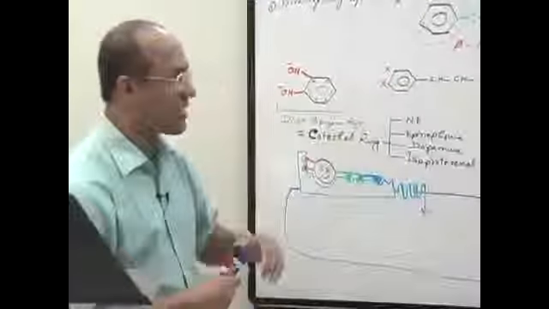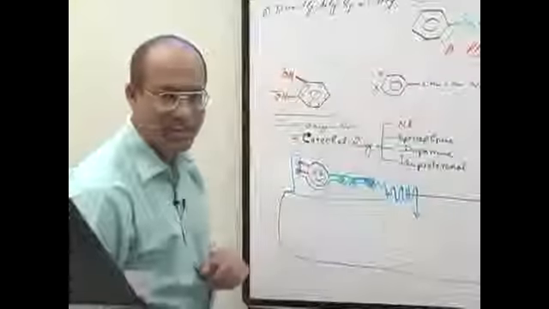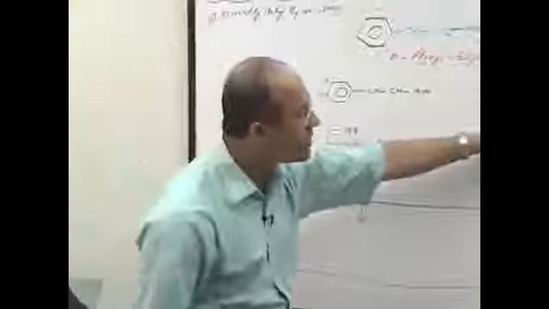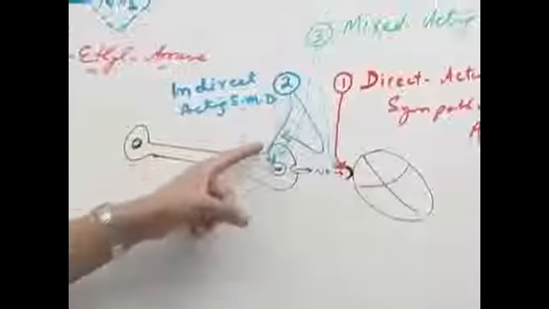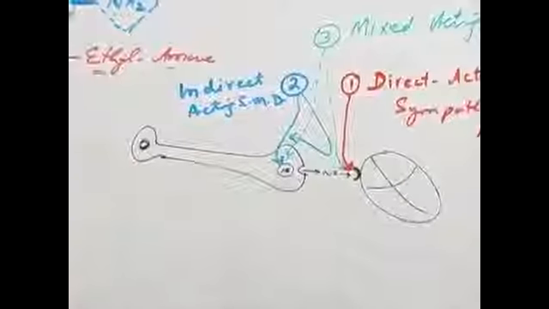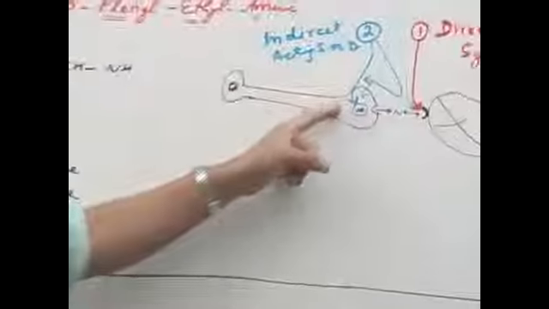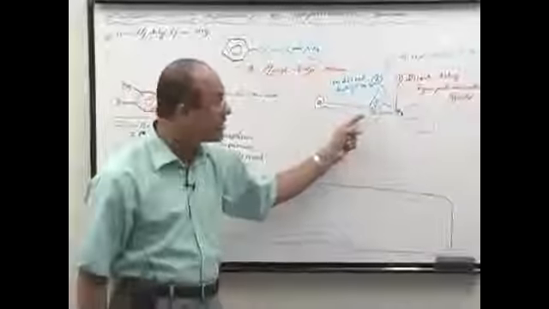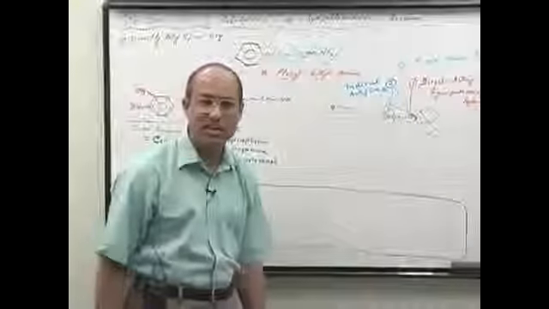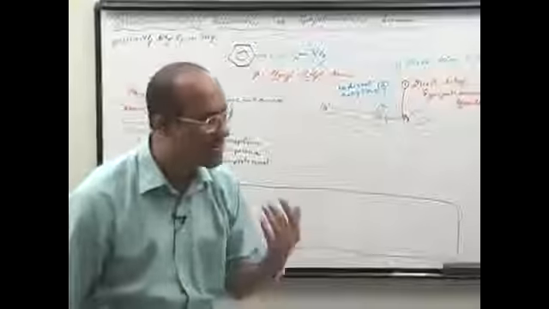So such a drug which does not have third and fourth hydroxylations can easily enter into the nerve ending. Look here, to enter into the nerve ending, it should be more lipid soluble. So such drugs can enter into the nerve ending and stimulate the release of norepinephrine from the nerve ending. They convert into indirectly acting sympathomimetic drugs.